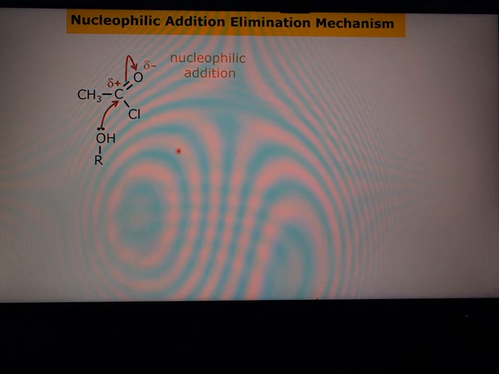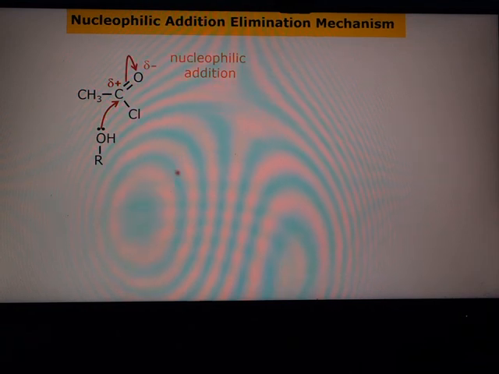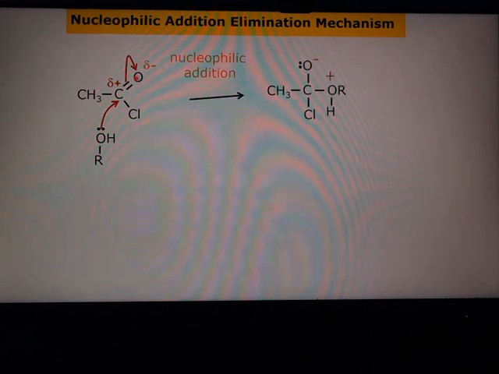Okay, so that mechanism should be familiar to you. You form a coordinate bond between the oxygen and the carbon atom. So that pair of electrons goes onto the oxygen atom, so you're going to have a positive charge on this oxygen and a negative charge on this one. So that's your nucleophilic addition part.